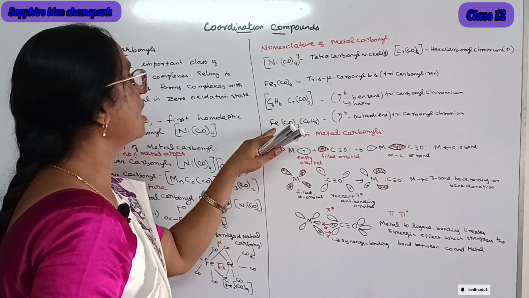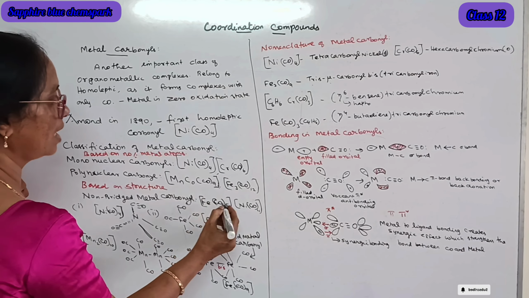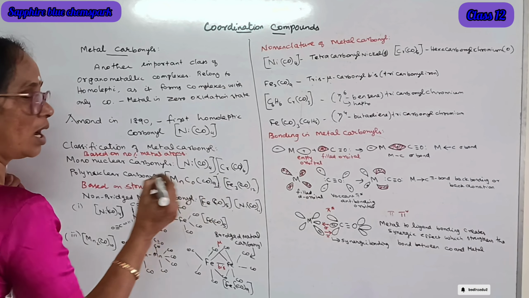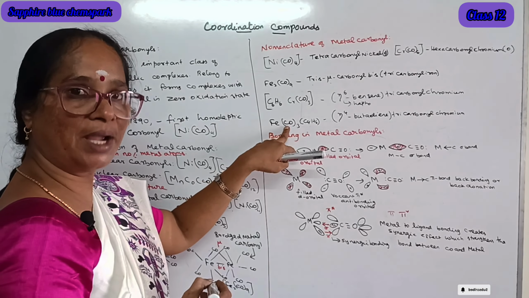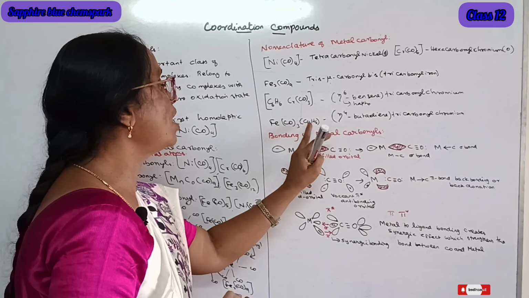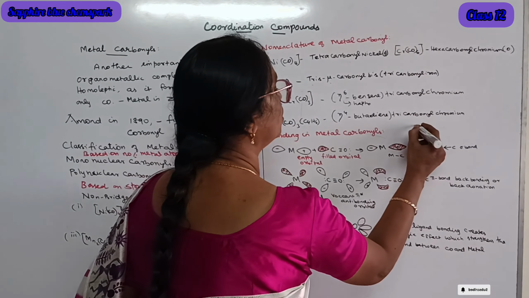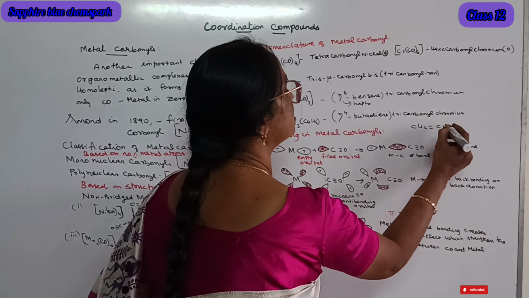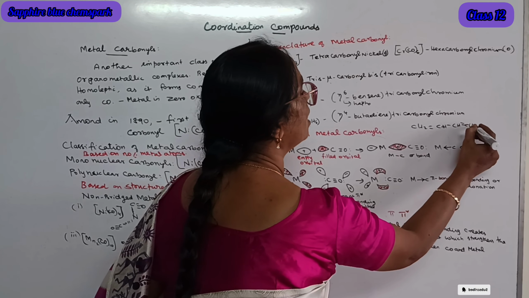Suppose I have the complex of iron pentacarbonyl. See, in iron pentacarbonyl, the coordination number is 5. So 3 of the coordination number is satisfied by the carbonyl groups, and 2 by its double bond. Because butadiene, the formula is CH2 double bond CH, double bond CH2.